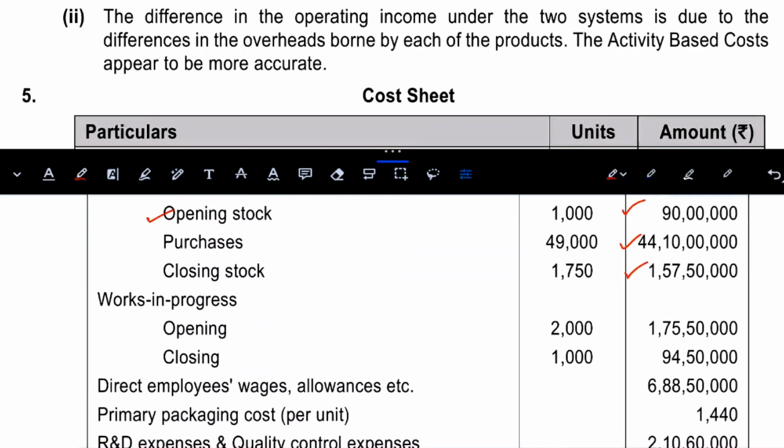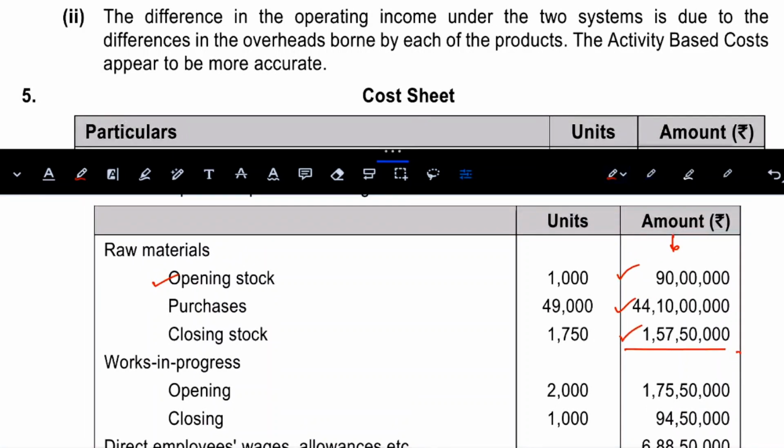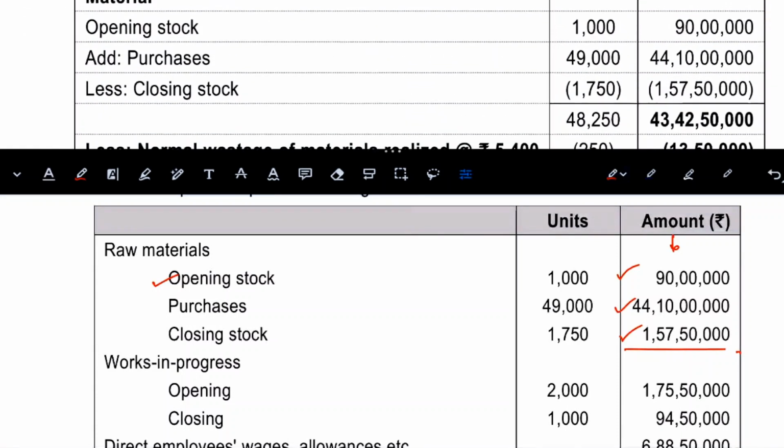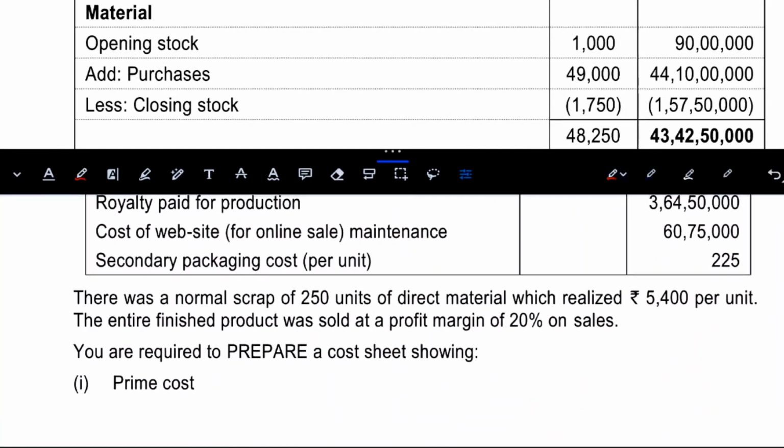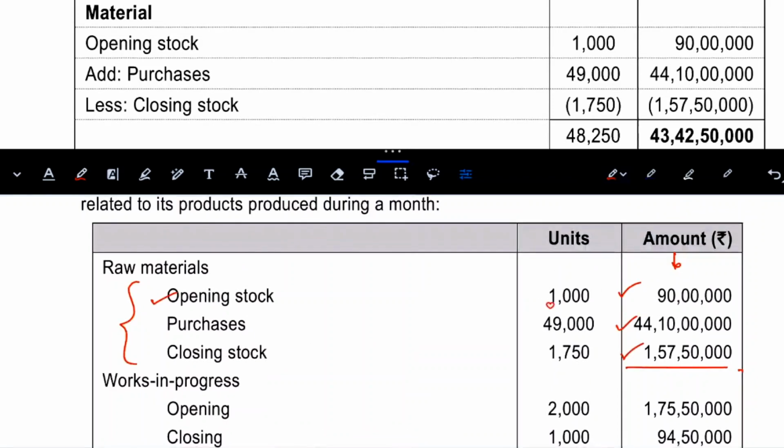First, let us calculate this part. How much does it come to? 90 plus 4410 minus 57.50, 43 crore 42,50,000. Right, that much is done. After this, this is not actually the raw material consumed; there is one more thing mentioned after this raw material part. If you check, like see, there are units like this plus this minus this.